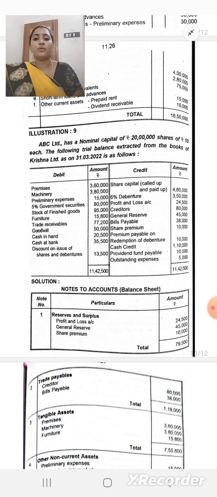They have shown the trial balance of Krishnan Limited as on 31/3/2022.